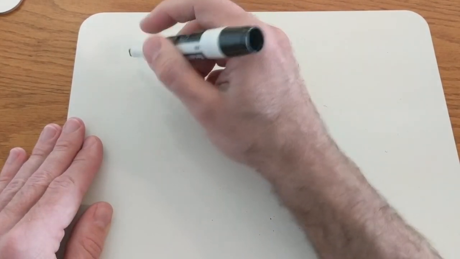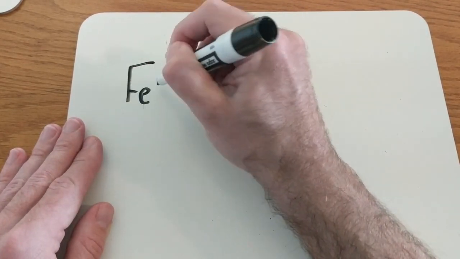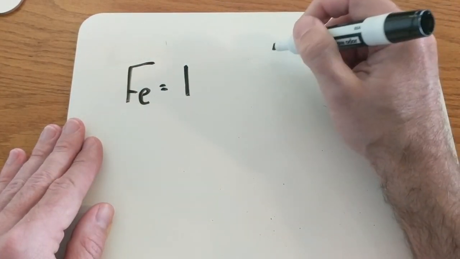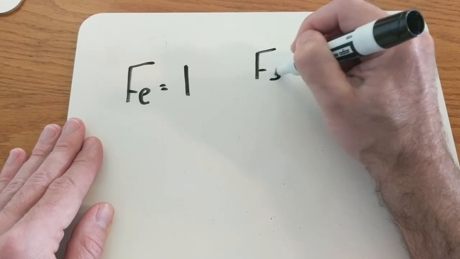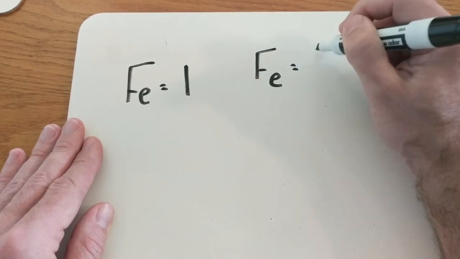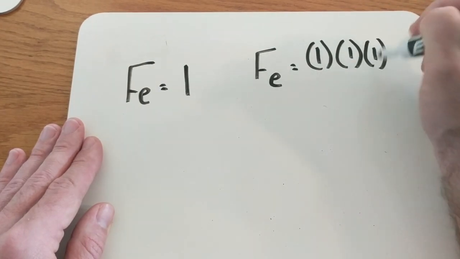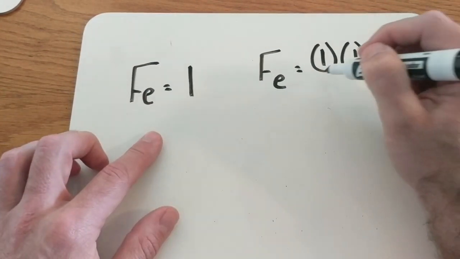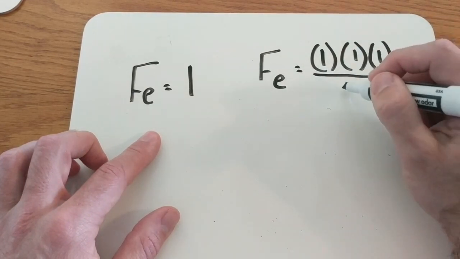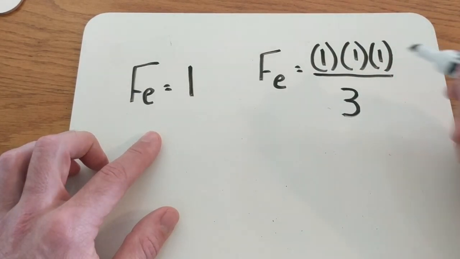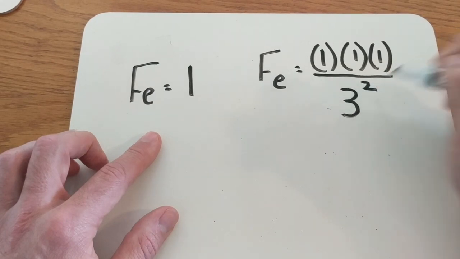Now we go to part B of that. Obviously, if everything was the same, we'd have an FE of 1. But now we're going to triple the distance. So FE is equal to everything that we don't change gets assigned 1, because that's what it was over here. But now the distance is 3 times. Remember, in the equation, that 3 is squared.